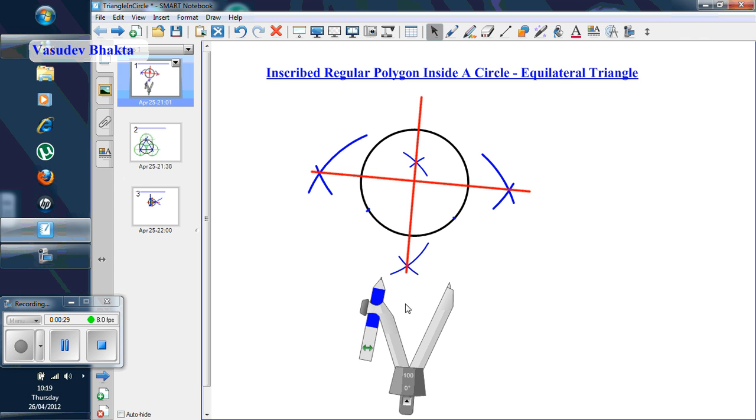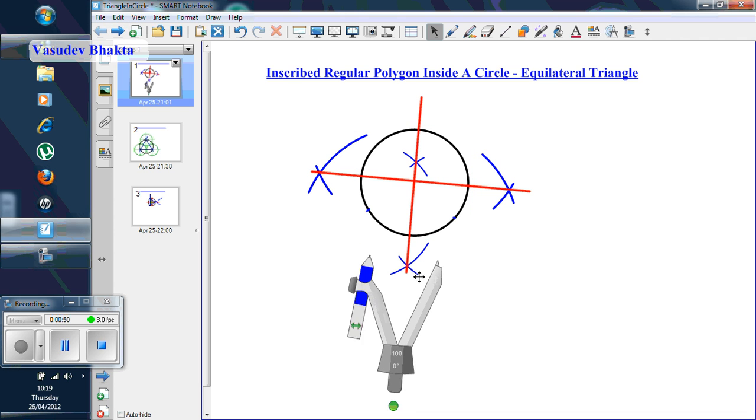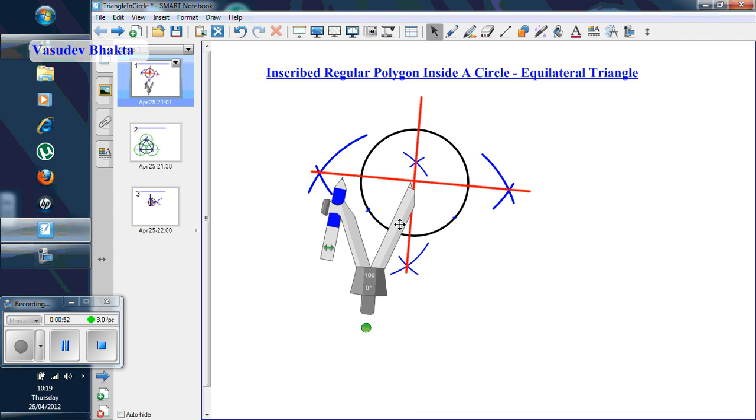Using these points on the circumference I've bisected it again to divide the circle horizontally in half, and this allows me to locate the center of the circle using the perpendicular bisector.